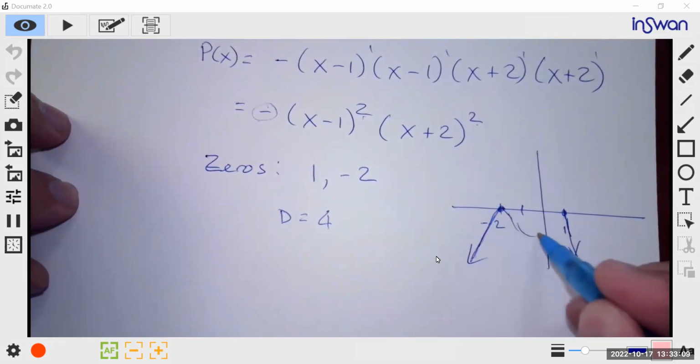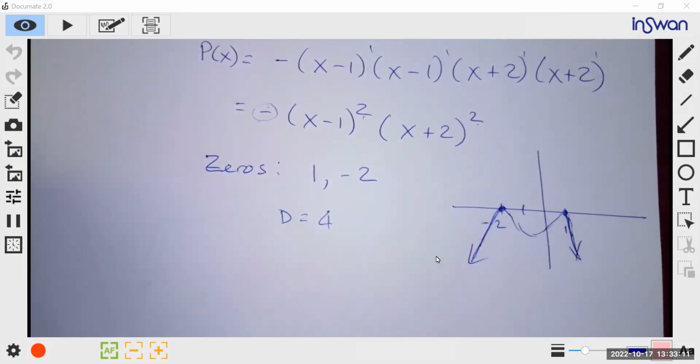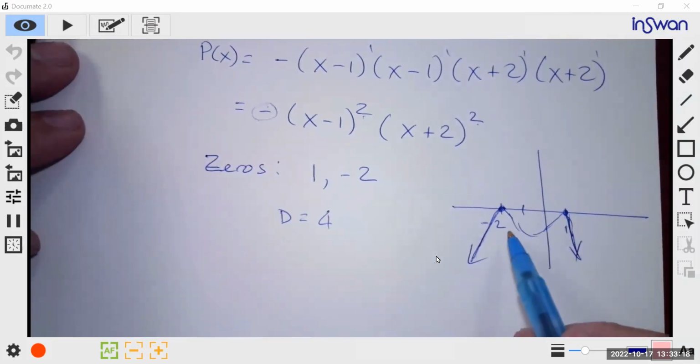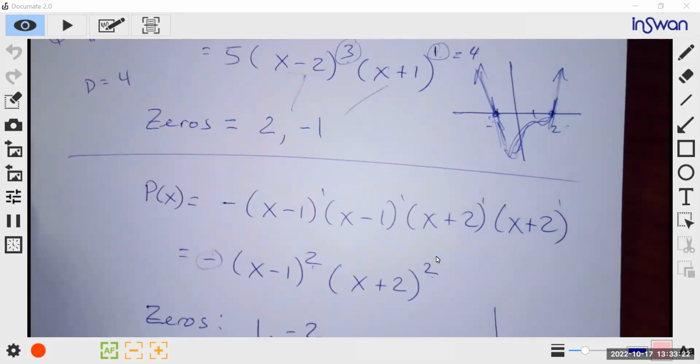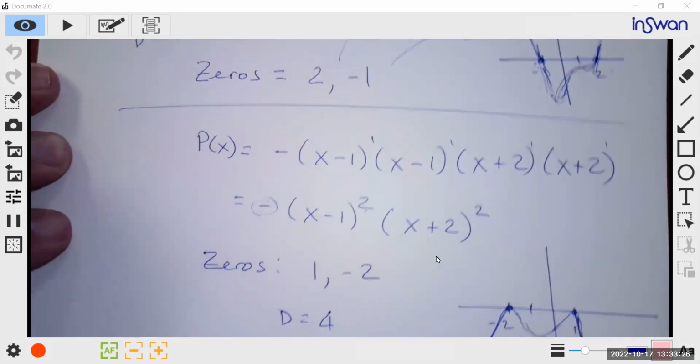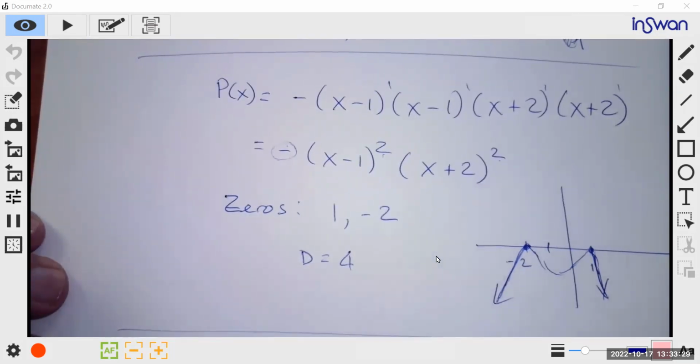I know that the graph will look something like this. Why? How come this one doesn't go up here and this one goes in both directions? Well, start piecing it together, looking at it.